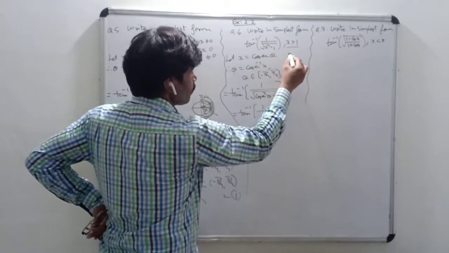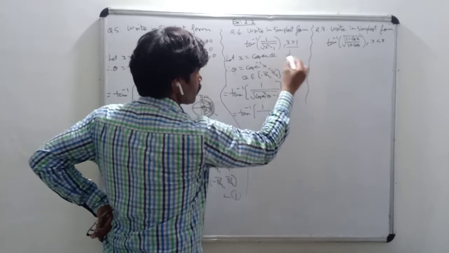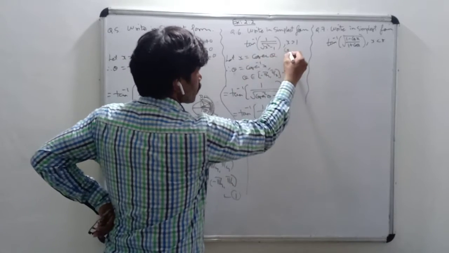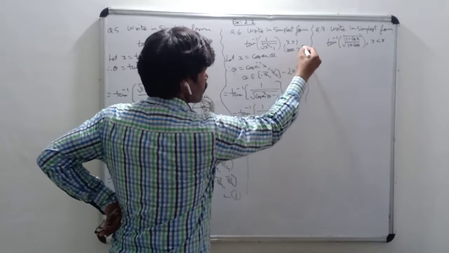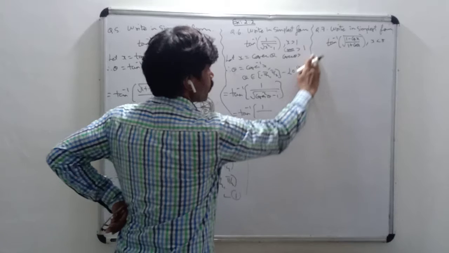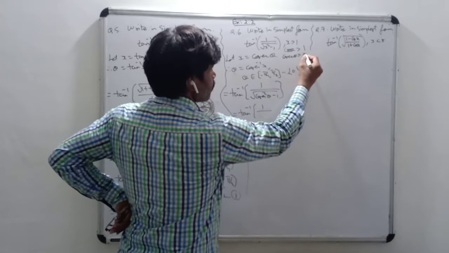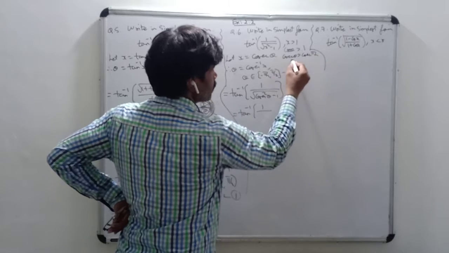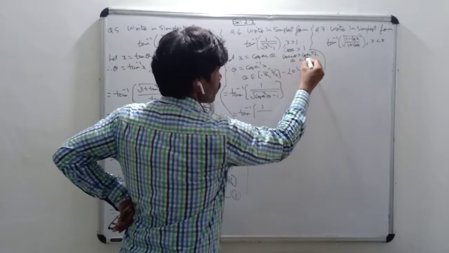When x is greater than 1, what have we assumed? x equals cosec theta. So cosec theta is greater than 1, meaning cosec theta is greater than cosec of pi by 2, which means theta is less than pi by 2.